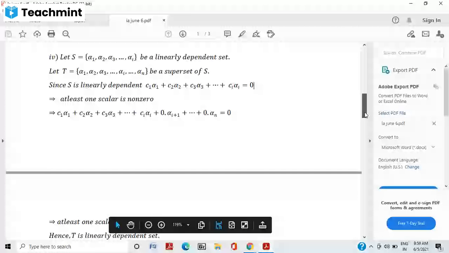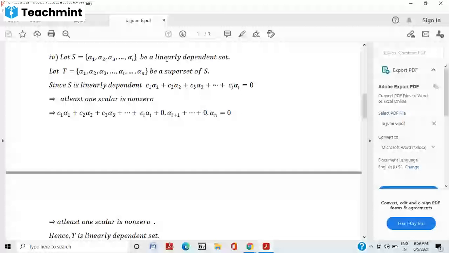What do we have to take? S is alpha 1 to alpha I, and it is linearly dependent. Then what do we have to take for T? A superset. Superset means we take alpha 1 to alpha I and some more extra terms, alpha I plus 1 to alpha n. It is a superset of S. S is linearly dependent, so C1 alpha 1 plus etc., Ci alpha I equal to 0.